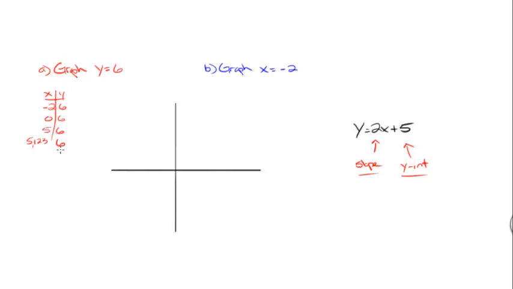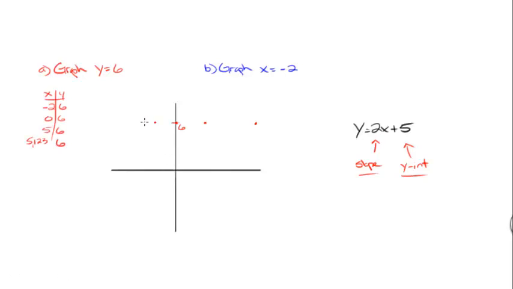What that does is when you graph this, let's say 6 is right here on the y-axis, this just creates a horizontal line at y equals 6. Because again, if you thought about plotting this, at -2 you have 6, at 0 you have 6, at 5 you have 6, at 5,000 you have 6 also.